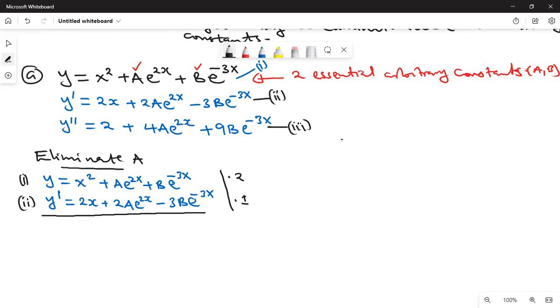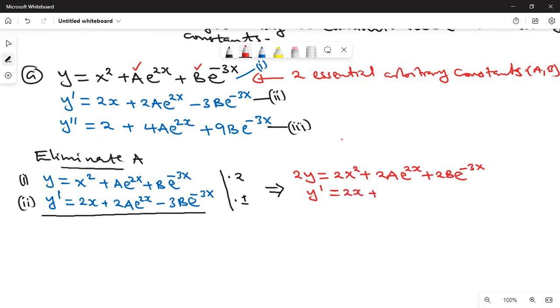When you multiply, we get 2y equals 2x squared plus 2a exponential 2x plus 2b exponential negative 3x. And the other one, you multiply by 1, so just y prime equals 2x plus 2a exponential 2x minus 3b exponential negative 3x.